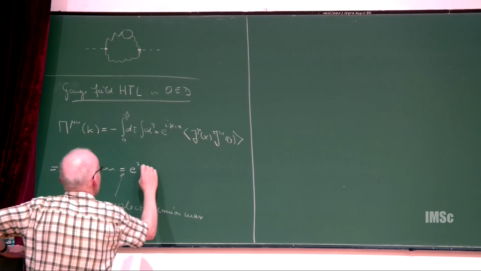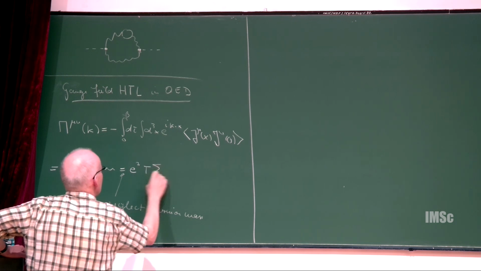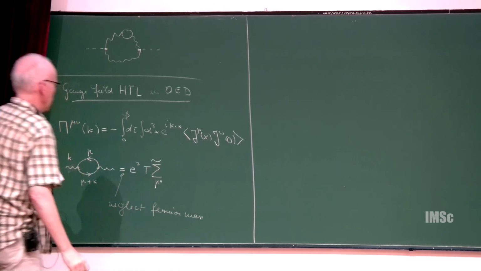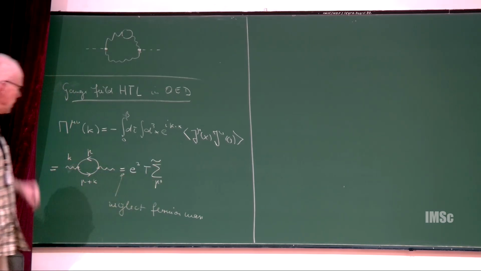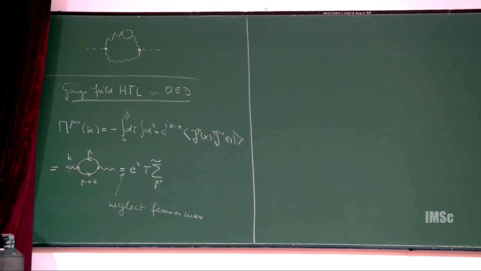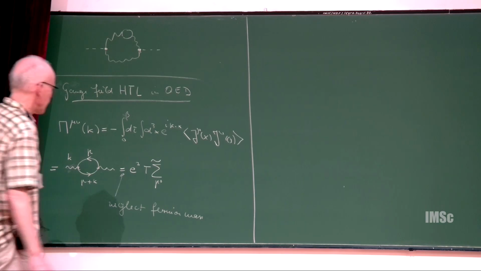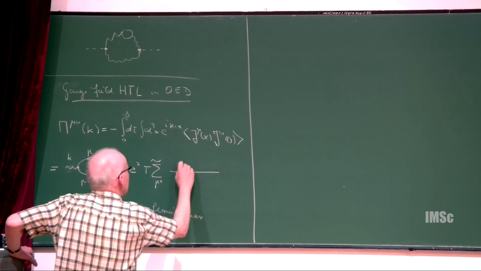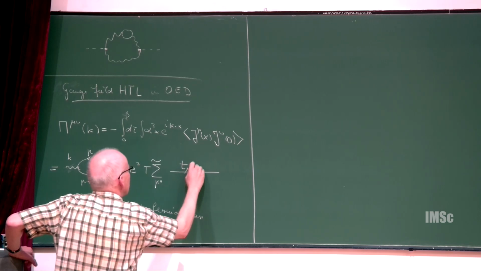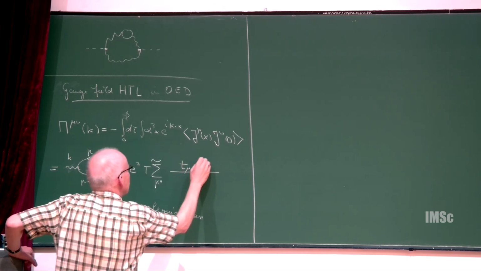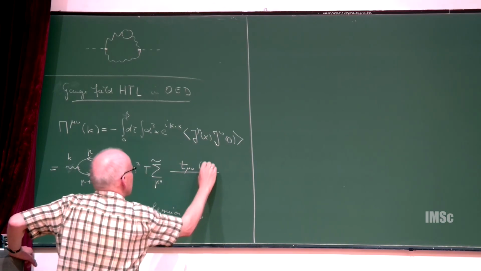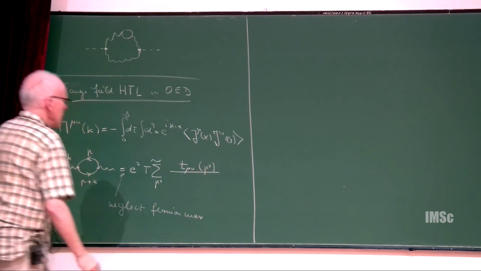the Matsubara sum for the p naught, which is fermionic, as I explained yesterday. So it's an odd integer times pi T. Then we have this stuff from the trace upstairs, which is a function of the momenta here, and in particular it's also a function of the p naught that we sum over.